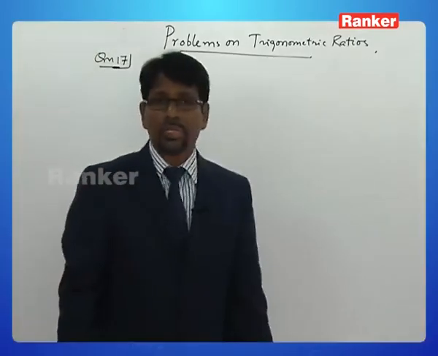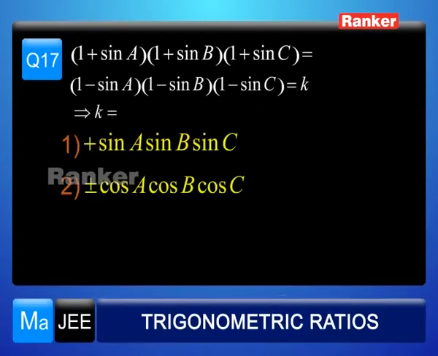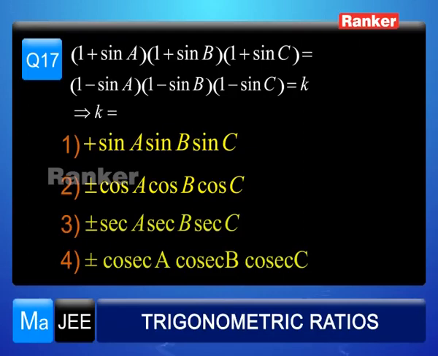Let's move to the next question, question number 17. 1 plus sin A into 1 plus sin B into 1 plus sin C is equal to 1 minus sin A into 1 minus sin B into 1 minus sin C, and each is equal to k.